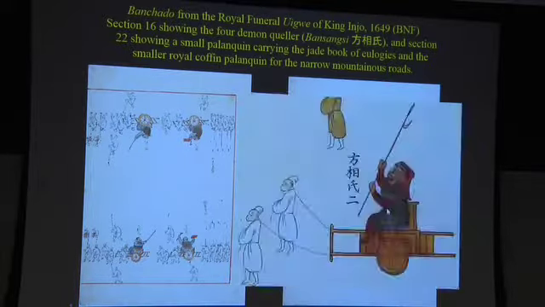And then funeral bier proper. And that's, I took this from a different one, very scary look of Hang-Sang-shi, so that he can chase out the demon spirits.